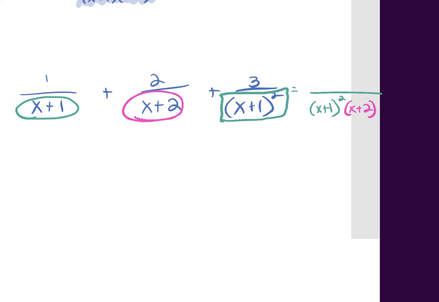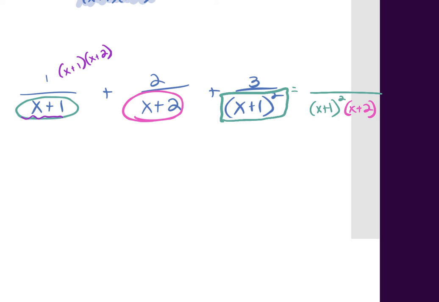So now when I compare them, the first fraction is missing the second x plus 1. So I'd have to multiply this times x plus 1 and the x plus 2. So you would have to multiply it by x plus 1 squared. You don't need the squared because you already have one of them. You just need to get it to the squared. Yep.